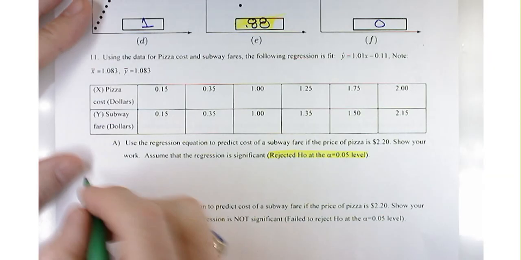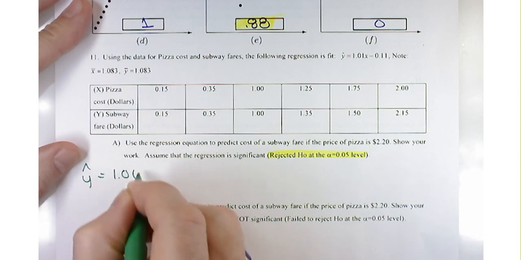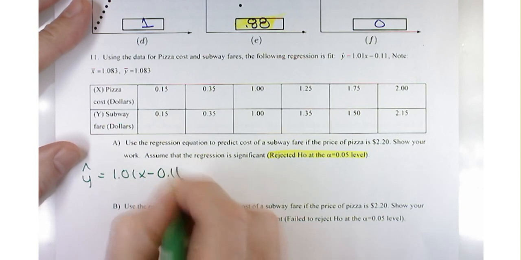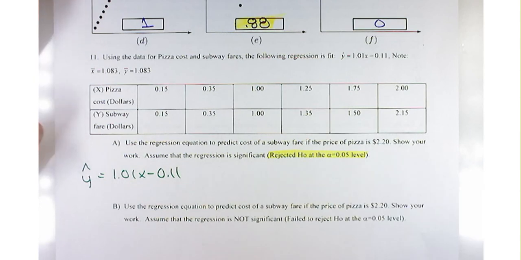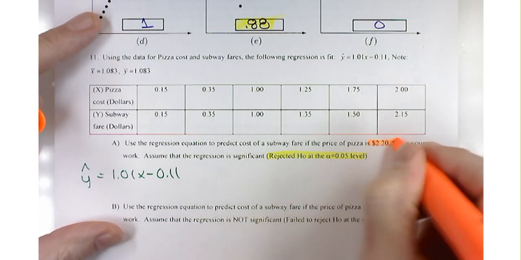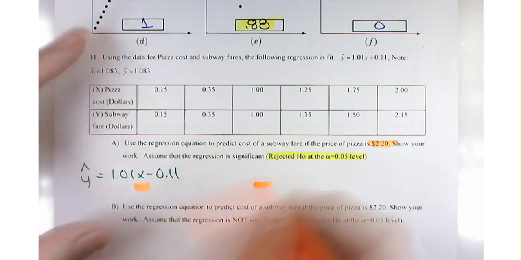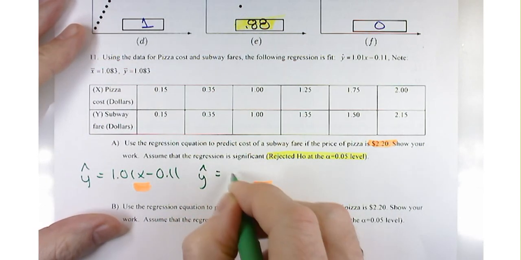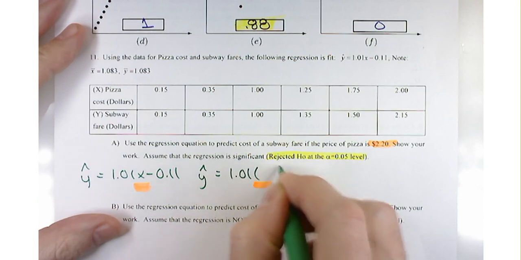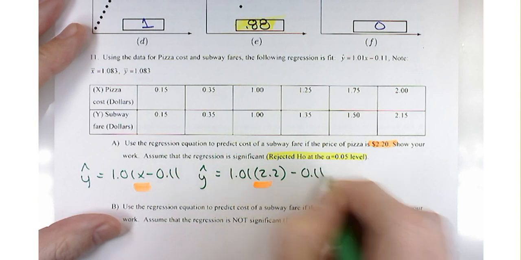So y hat equals 1.01 times x minus 0.11. Here they're telling you that the price of pizza is $2.20, so I'm going to put that in for x. So y hat equals 1.01 times $2.20 minus 0.11.